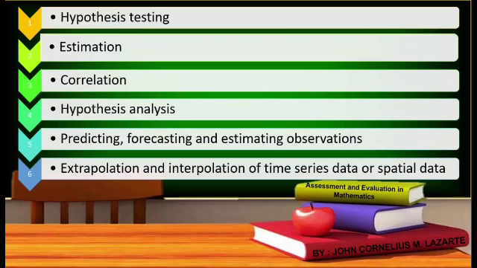Now, the conclusions produced from inferential statistics come in the form of hypothesis testing, or answering yes or no questions; estimation, or estimating numerical characteristics of data; correlation, which describes relation among data; hypothesis analysis, or modeling relationship among data; then predicting, forecasting, or estimating observation on the population under study; and lastly, extrapolation and interpolation of time series data or spatial data.